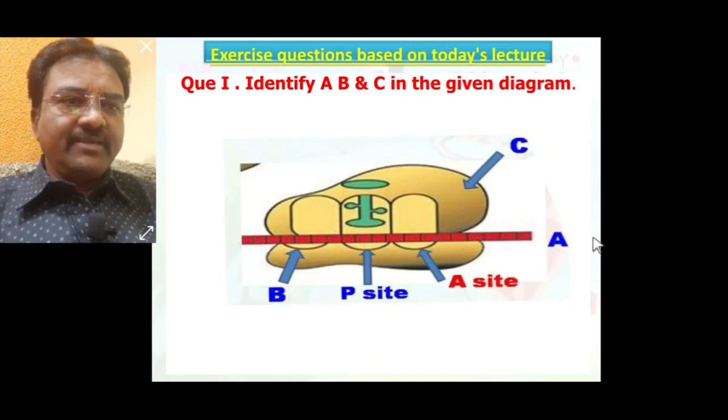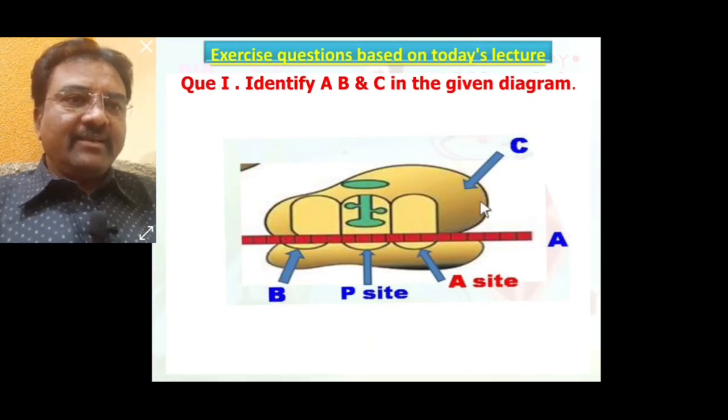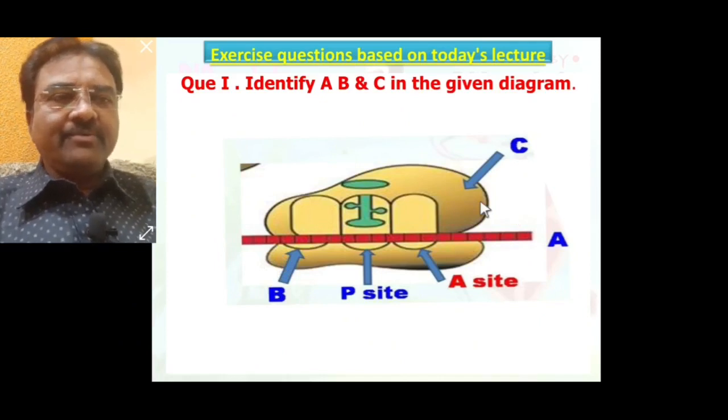So A is mRNA, B is the E site, and C is the larger subunit of the ribosome.